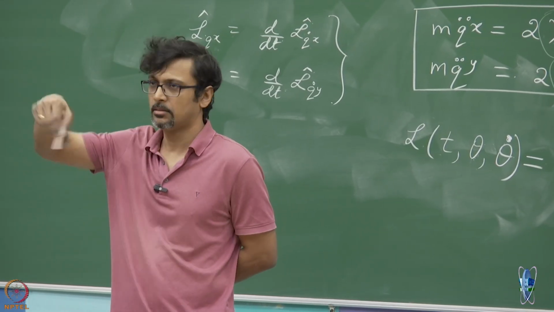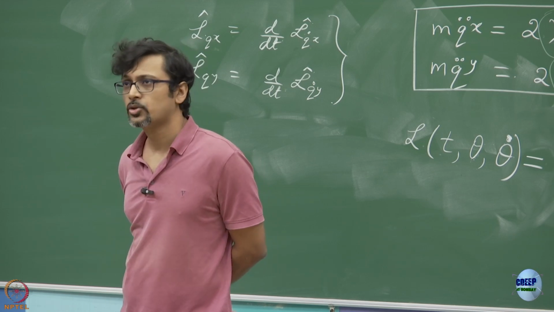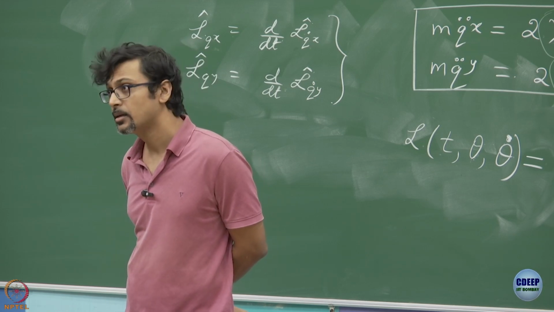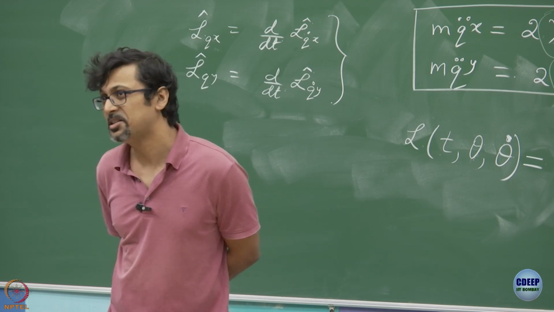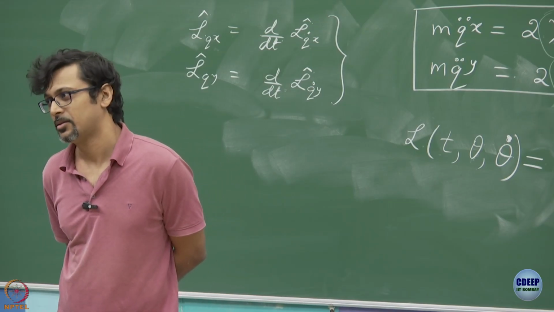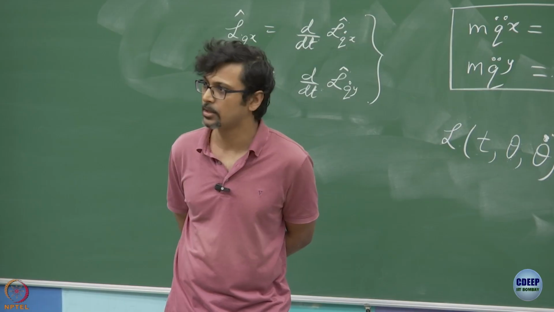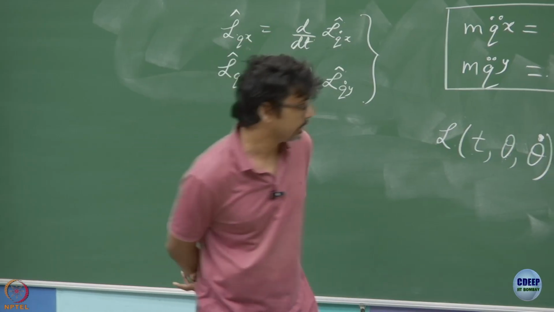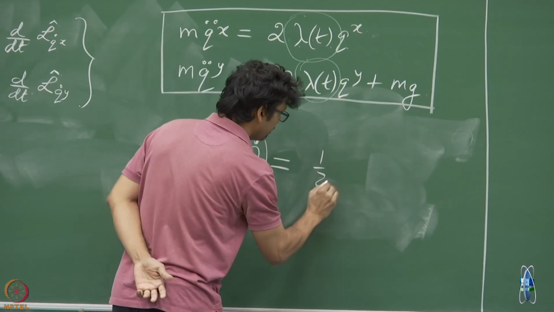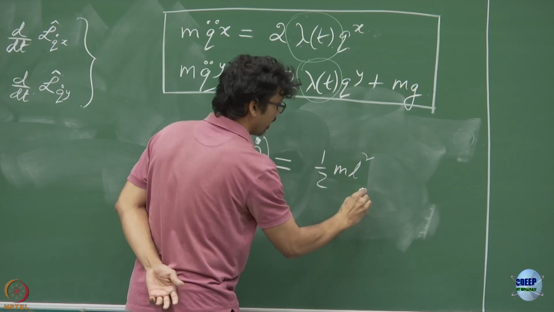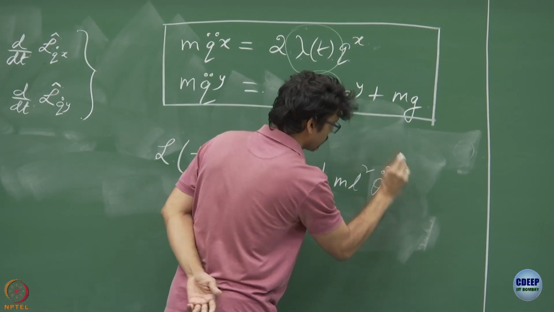That's the rotational moment of inertia. So ml squared, and what comes with it? Theta dot is omega, isn't it? So ml squared theta dot squared. So half ml squared theta dot squared is the total kinetic energy.